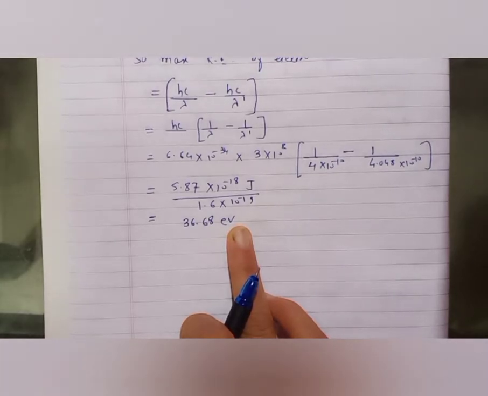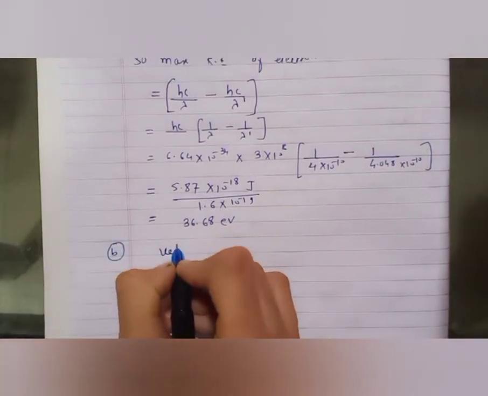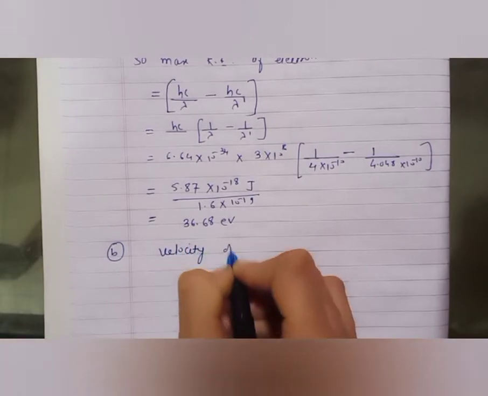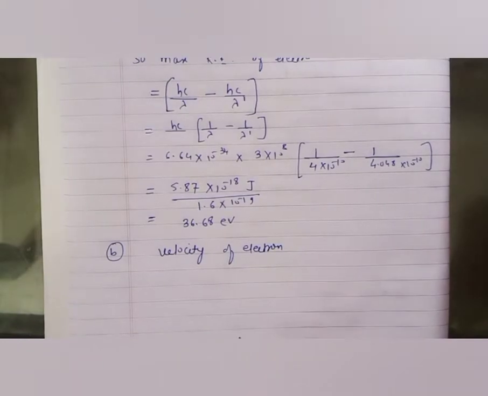Now they have asked us to find the velocity of the electron. So in the second part, we have to calculate the velocity of the electron. Electrons are fast moving particles, and at times they may have a velocity comparable to the velocity of light. So do we have to use the non-relativistic expression of kinetic energy like half mv square, or the relativistic expression?